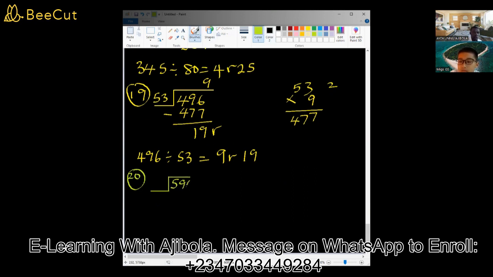Okay, I think what we have here is 590 divided by 65, rather. 65, okay? Fine. So if it's 65, we can try to see how many 65 can we see in 590, okay? Or we can consider rounding it and say 70.